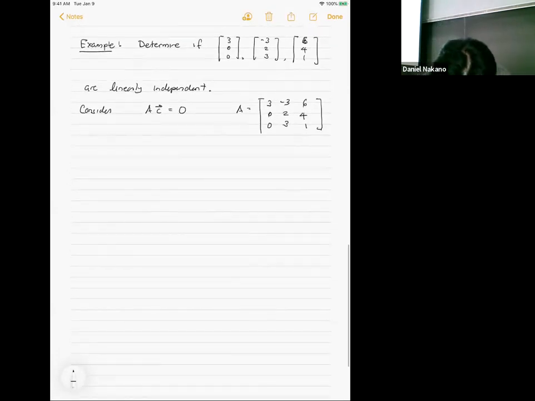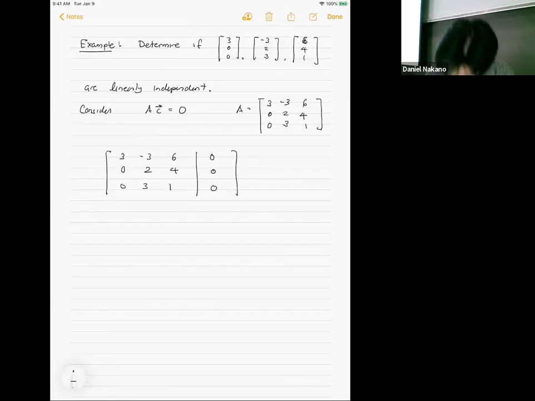As you mentioned, I'm just following your directions. 3, -3, 6, and I'll put a 0 here. 0, 2, 4, 0, 3, 1. And we look at the homogeneous system like that.